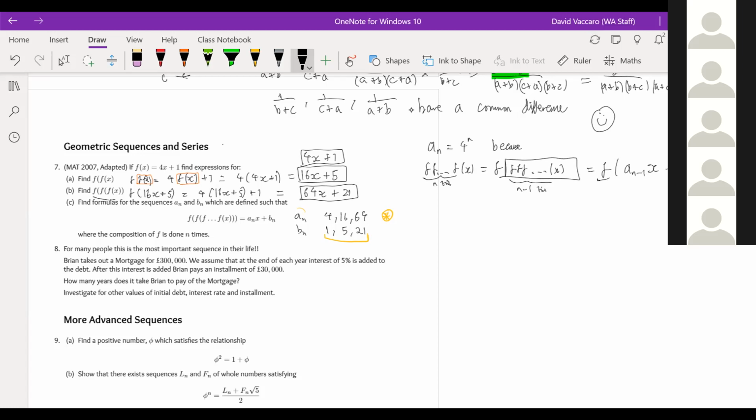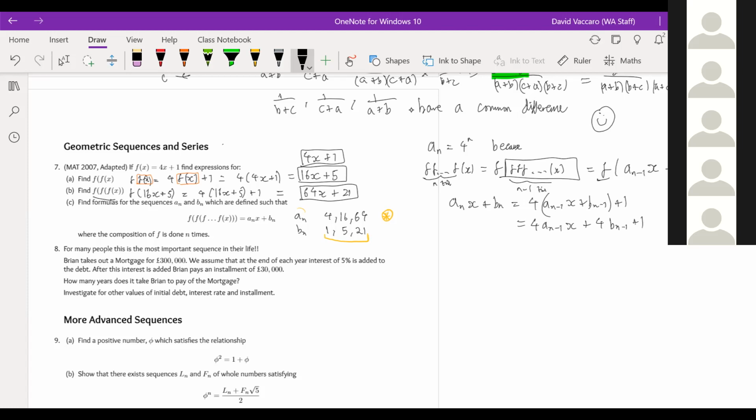So if we use our f function, we've got that anx plus bn is equal to 4 an minus 1 x plus bn minus 1 plus 1. So we've got 4 an minus 1 x plus 4 bn minus 1 plus 1.